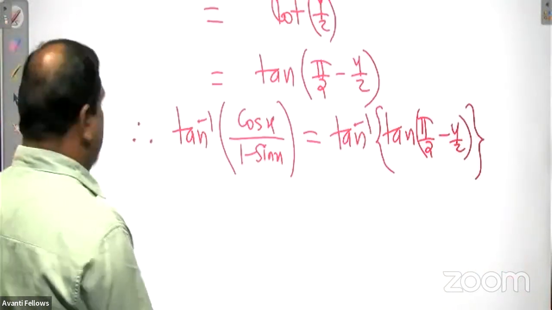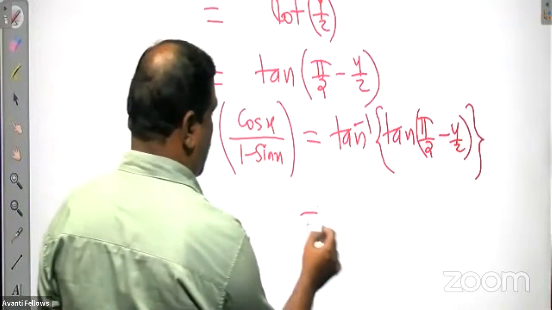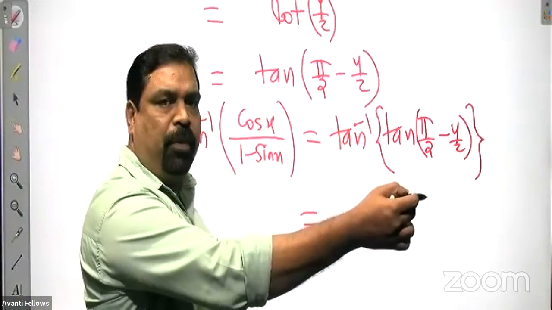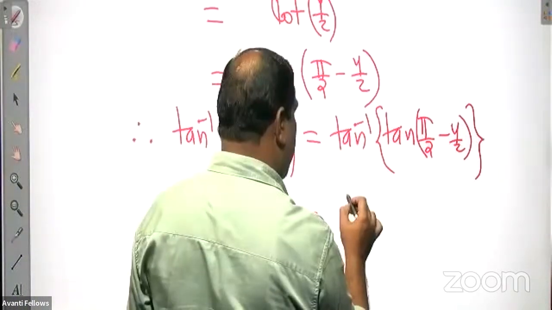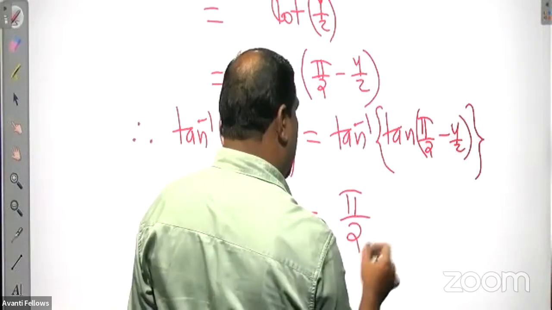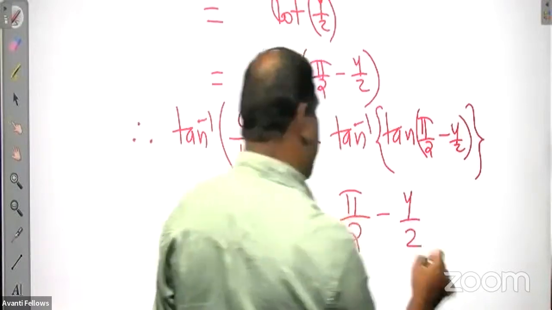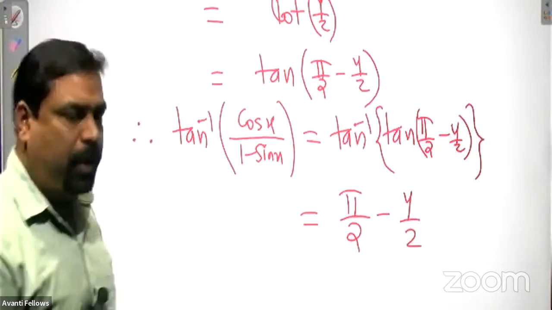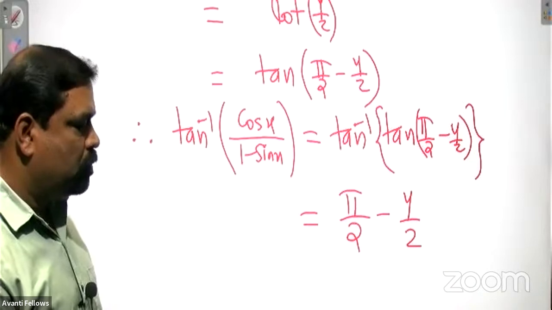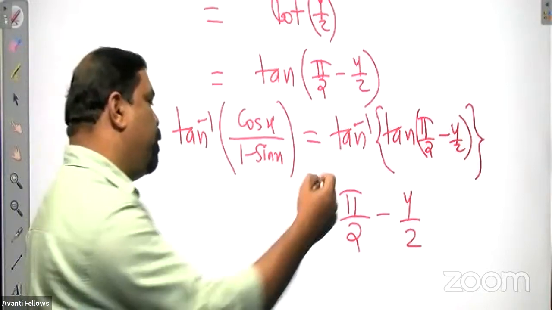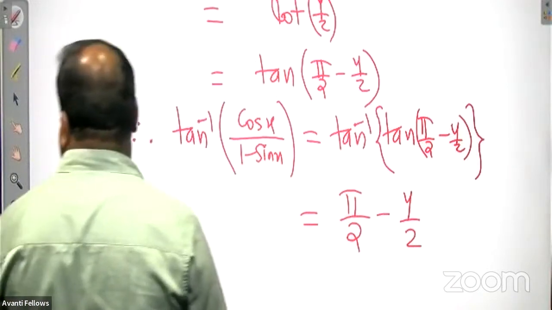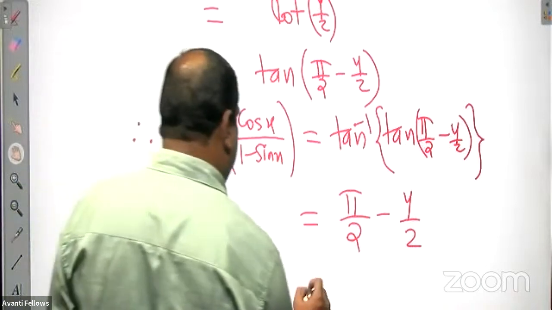Tan inverse of tan x is equal to x only. So tan inverse of tan of pi by 2 minus y by 2 is pi by 2 minus y by 2. Now we have to replace our y, because y is only a temporary substitution.